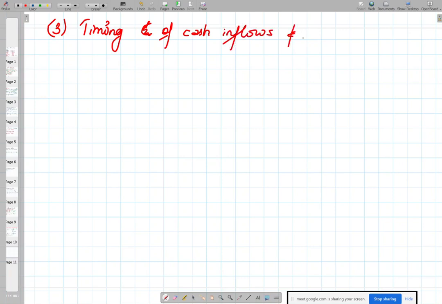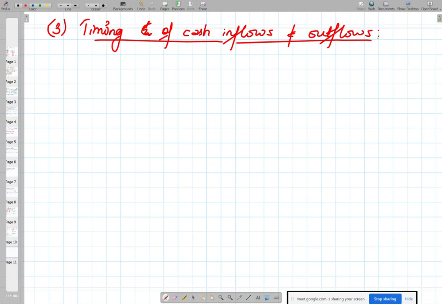By now we're very familiar with what inflows and outflows mean: basically the sources through which cash comes in and the manner in which different expenses cause the cash to go out. So when I say timing of cash inflows and outflows, I'm talking about when this occurs.